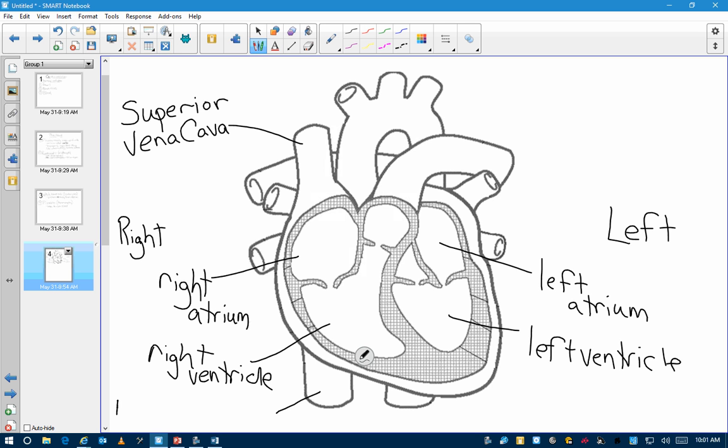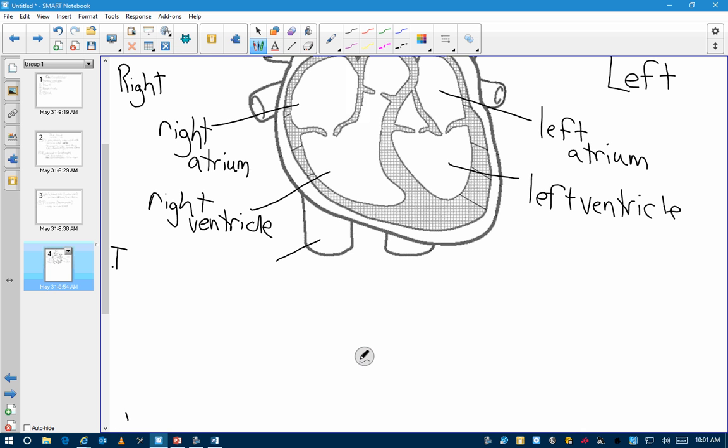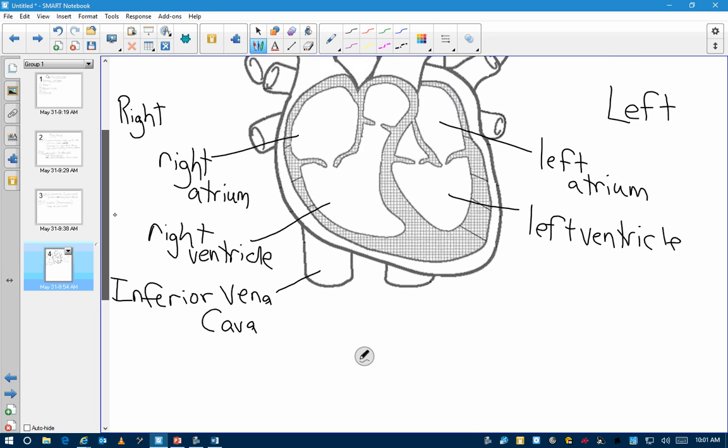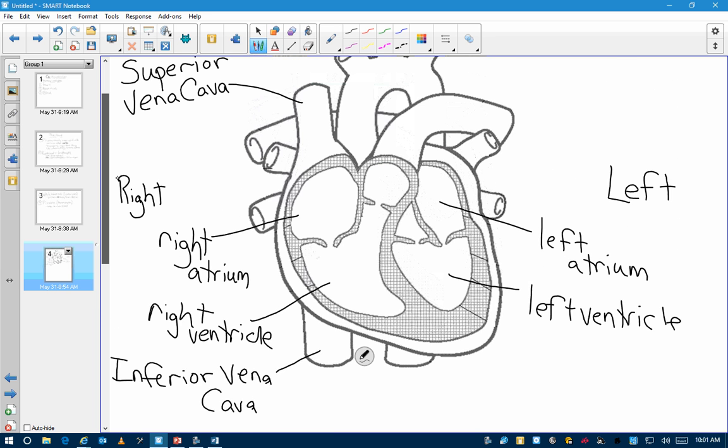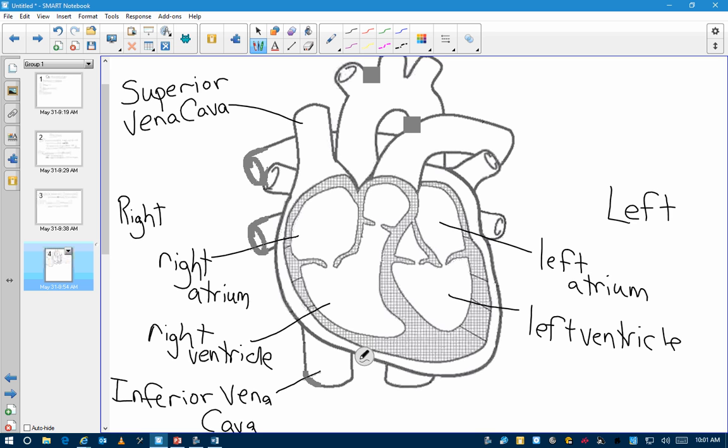So down here is the inferior Vena Cava. So superior and inferior Vena Cava. And these are both veins, okay? We'll talk more about blood vessels and the difference, but for now we'll just worry about labeling the heart, okay?